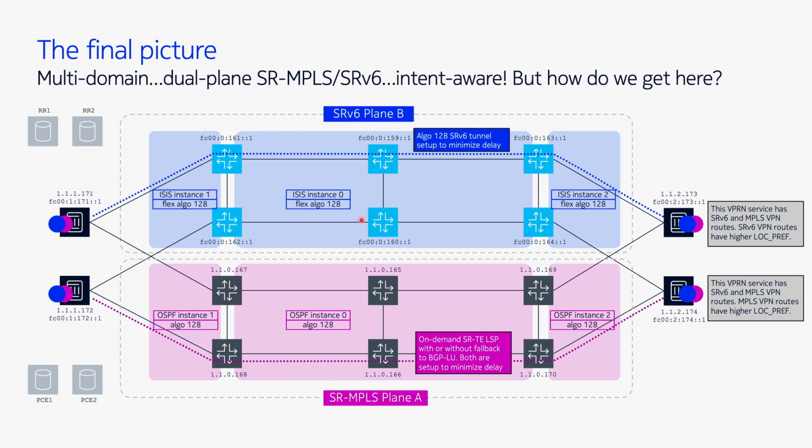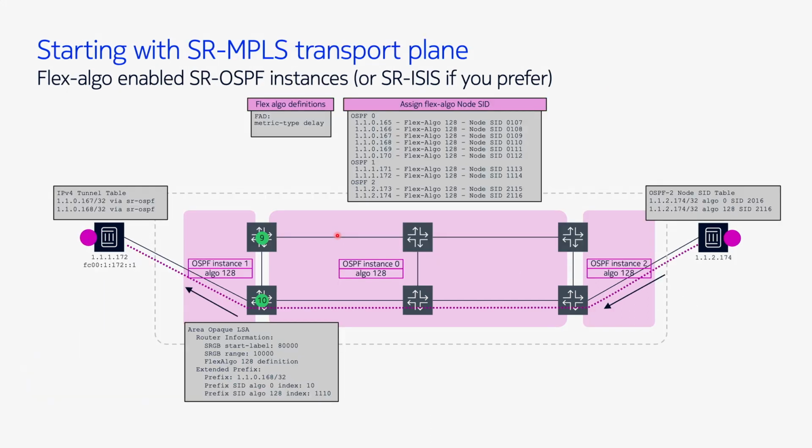And as you can see, we have multiple domains, which in this case are multiple IGP instances to the left and the right. And of course, we have services on top of this network. Also, as you can see, in each network we have flex-algo 128, whose optimization objective is lowest latency end-to-end.